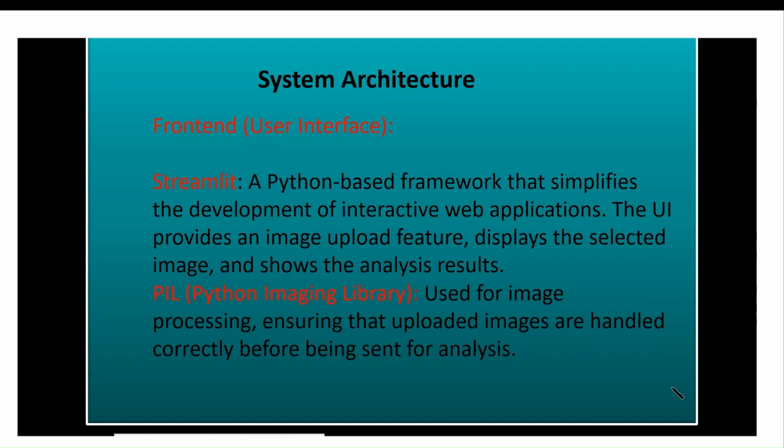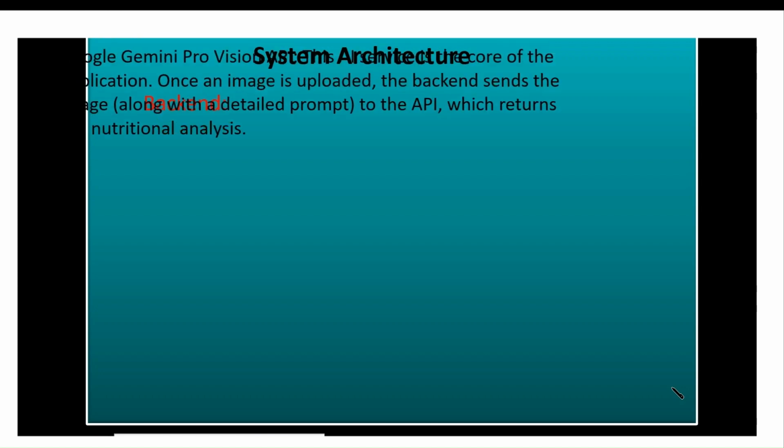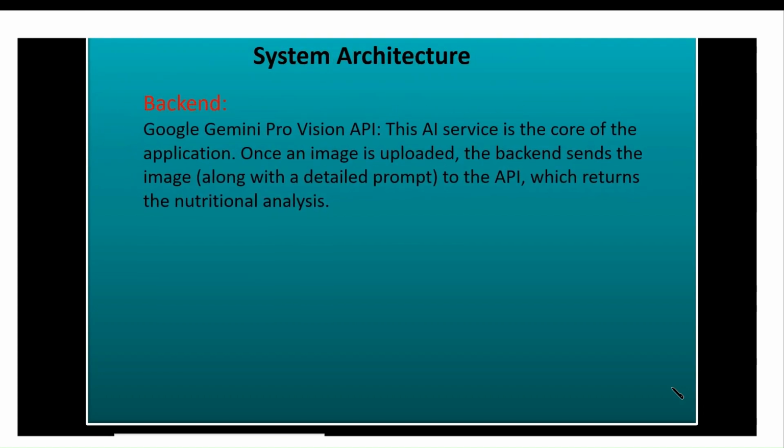So you can get the results of the composition of the meal. We're also going to look at the back end of this project, in continuation of the system architecture. On the back end, I use the Google Gemini Pro API. This AI system is the core of the application.